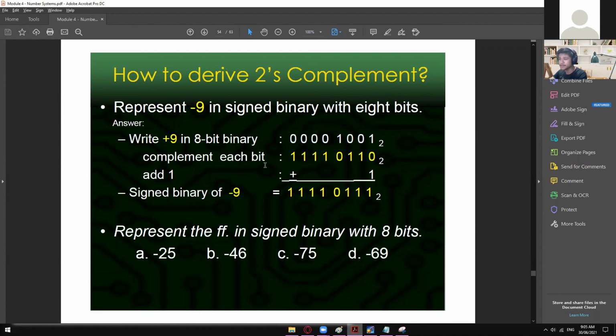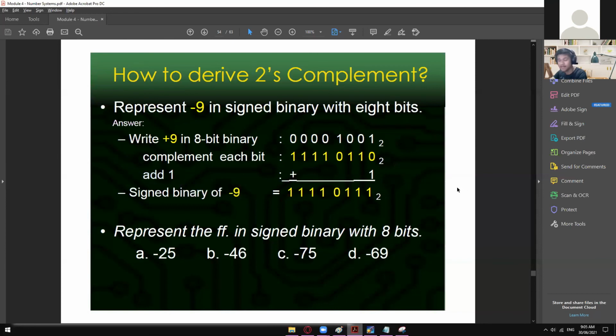And then after that, you have to complement each bit. When you see complement, 1 will become 0 and 0 will become 1. So it just swaps. In here, 1 became 0, 0 became 1. This is now the second step. And then the third step is add 1.